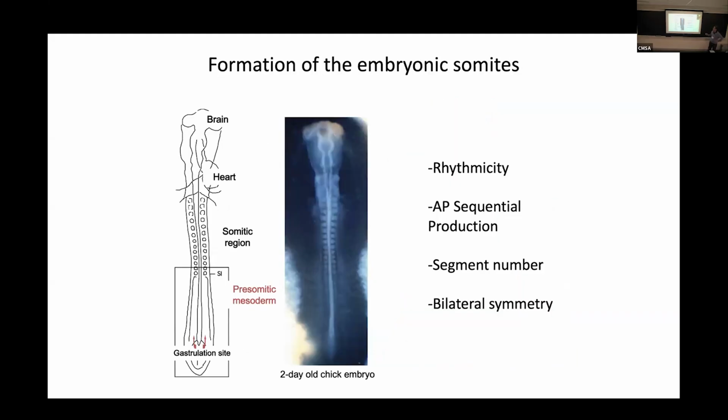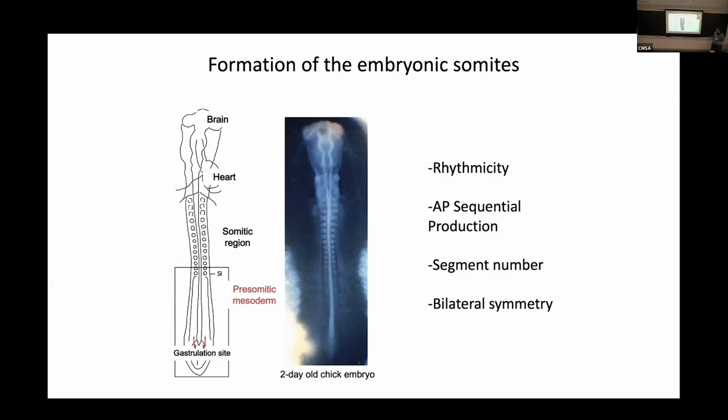So an interesting question is, how do these embryonic somites form during embryogenesis? They show a number of striking characteristics. Some of them relate to these initial cardinal features that I discussed. One, which is a very specific and original property of the somites, is the rhythmicity of their production.